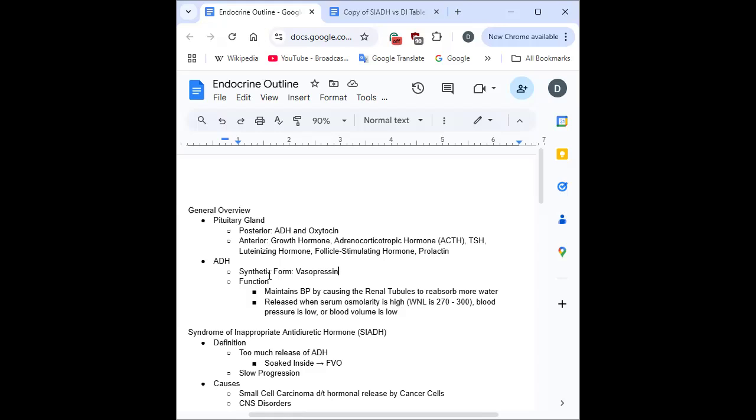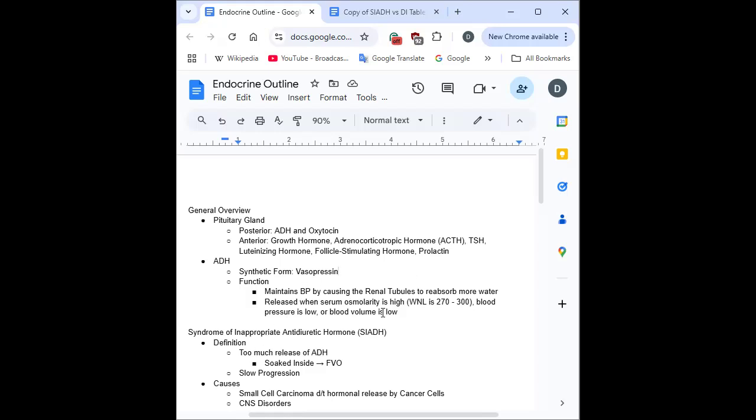So you're not necessarily retaining more sodium. If you have a lot of ADH, you're retaining only water, so you're increasing your water without increasing the amount of sodium you're retaining. So that's why, as we'll talk further, SIADH includes hyponatremia as one of the complications.